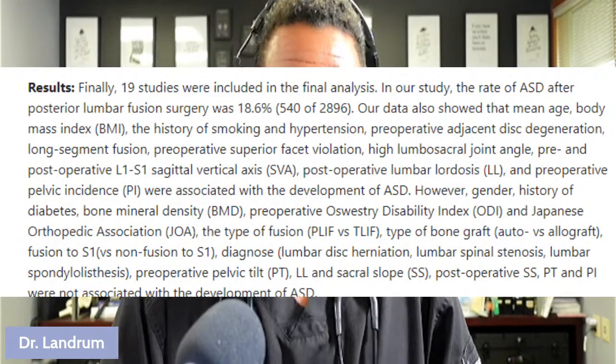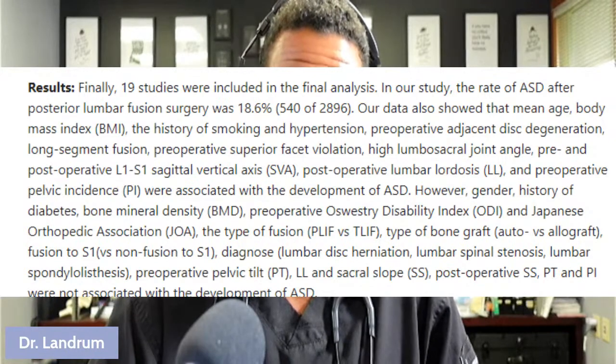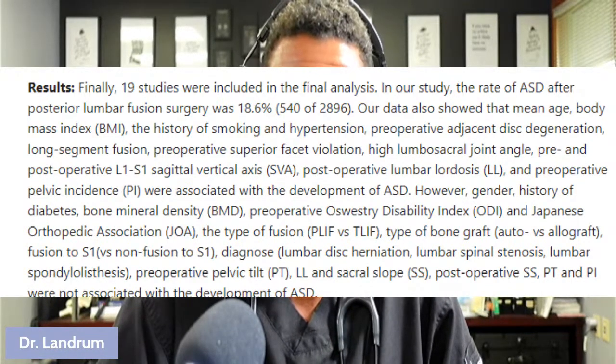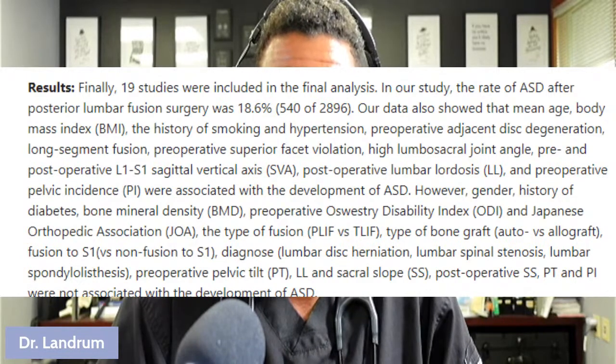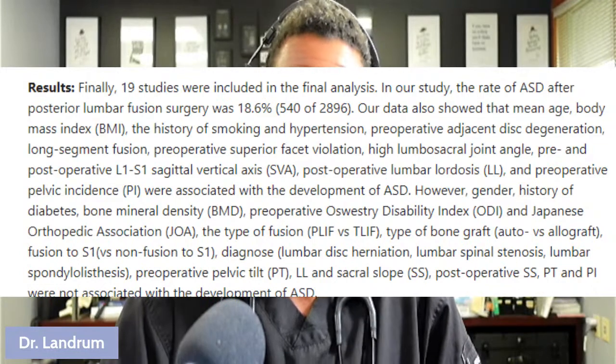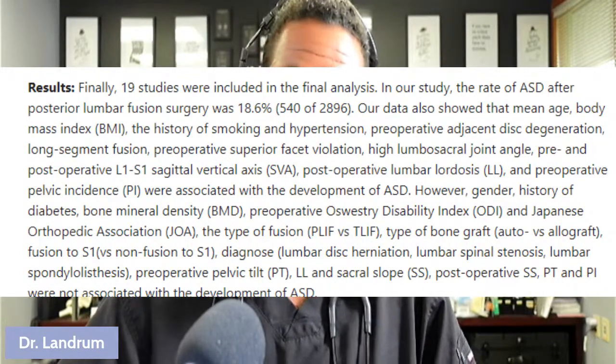Avoiding smoking as well as high blood pressure are key. Other factors include disc degeneration prior to the surgery, the length of the fusion, facet joint arthritis that's present there, and various measures of the angles and other portions of the spine.